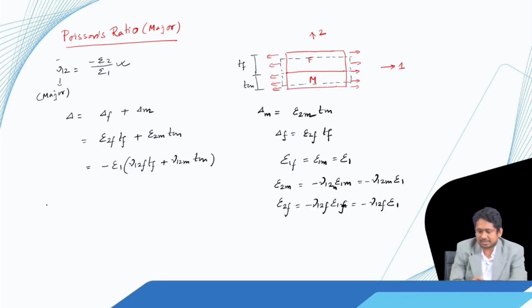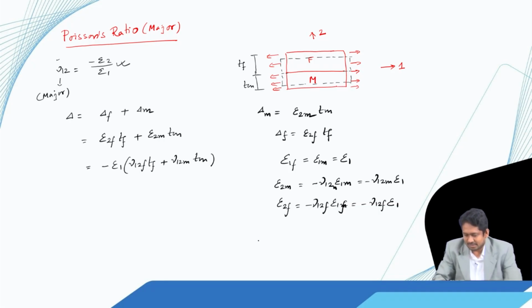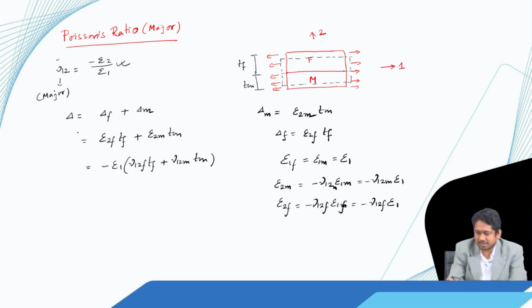Now, we are talking about an equivalent Poisson's ratio, which we can denote as nu 1 2, and that is for the composite. If that is so, then we can write that the total contraction in second direction based on nu 1 2 is nu 1 2 multiplied by epsilon 1 with a negative sign into the total dimension T m plus T f.